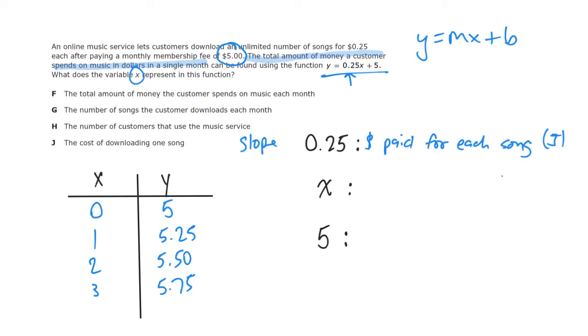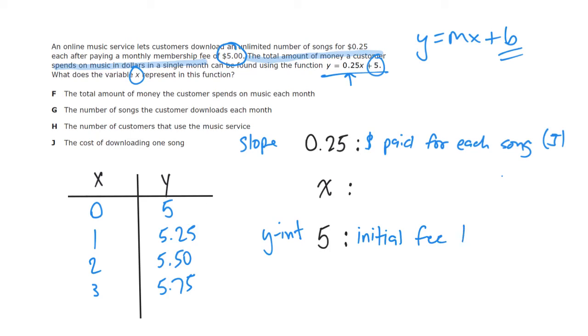So before we come to x, let's talk about 5 for just a second and what that represents. We know that in a linear equation, that 5, that constant term at the end, represents our b, which is our y-intercept. And earlier, I used the terminology initial fee or flat fee to join the online music service. And so that's what this y-intercept, or this 5, represents in this particular context.